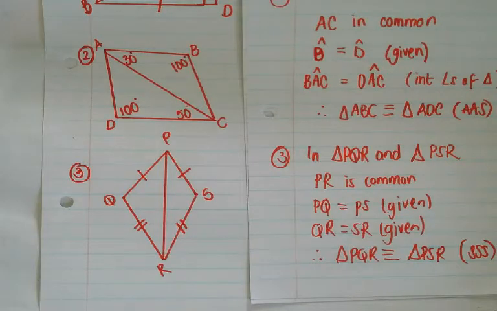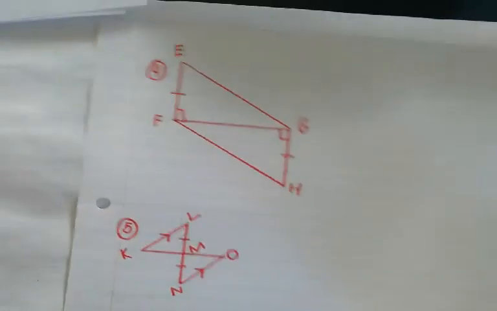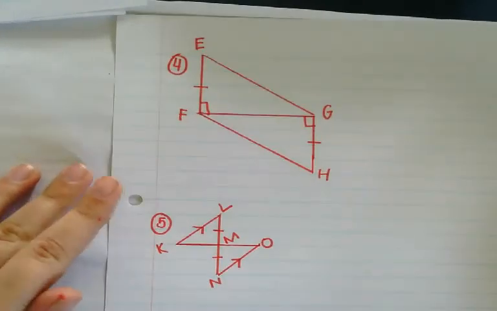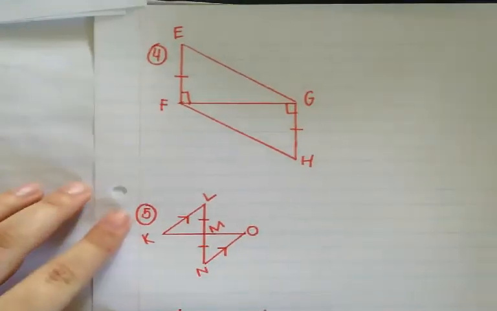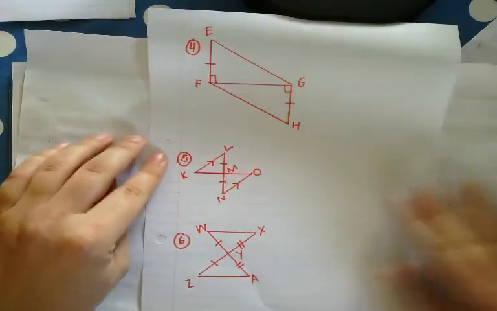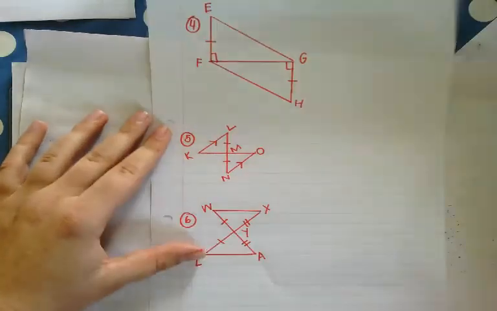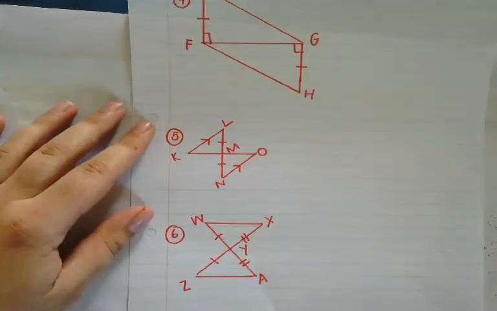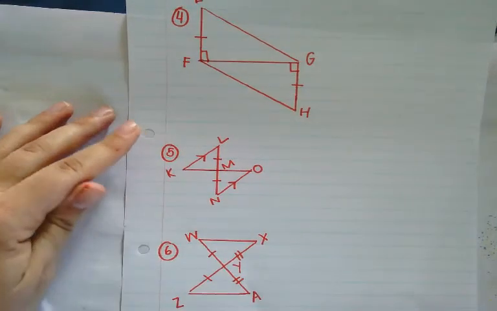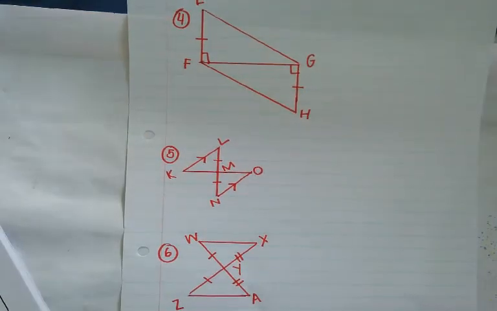Okay, giving you 4, 5, and 6 to do. It is now 12:30. I'll check in 6, 7 minutes. Scroll out a little bit. Okay, that's as big as I can make it. If there's something not clear, please let me know.